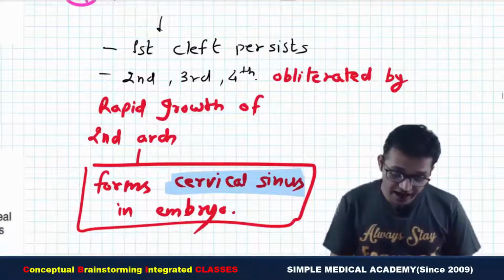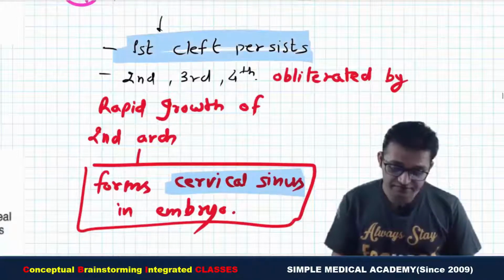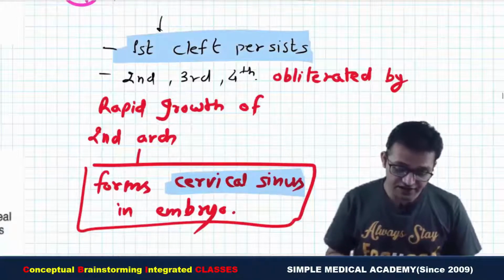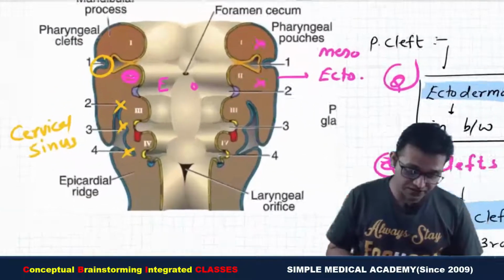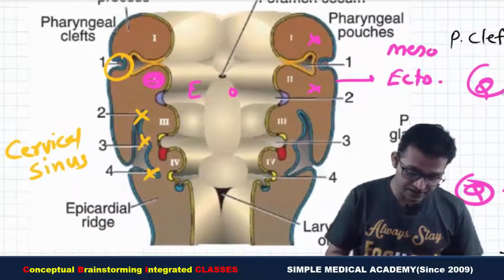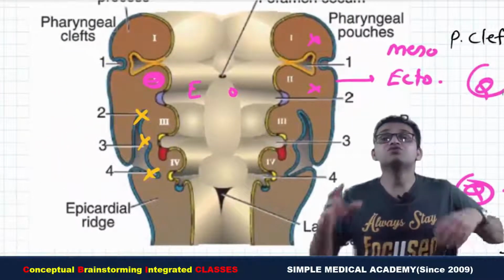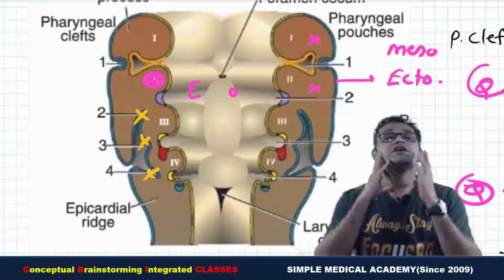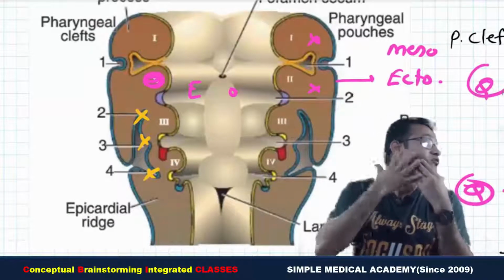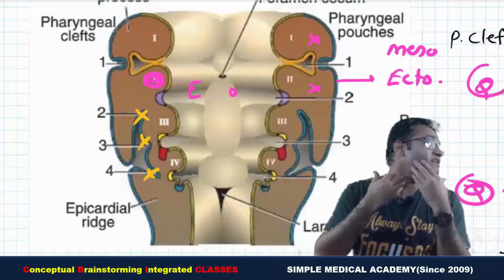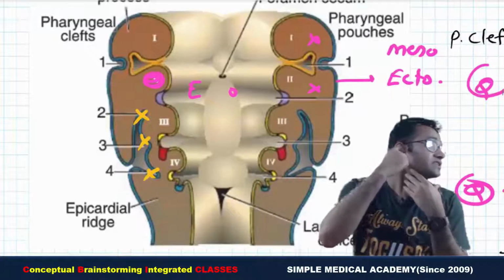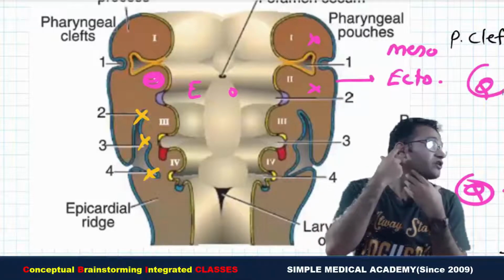What is happening with the first cleft? The first cleft is making an outside depression. Just observe this pharynx region. On the outer side, on the ectodermal part, is there any opening? Yes, on the upper side there is one opening situated, the external acoustic meatus.